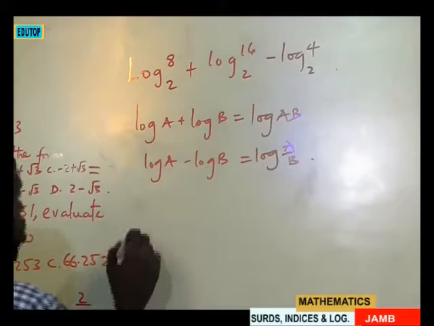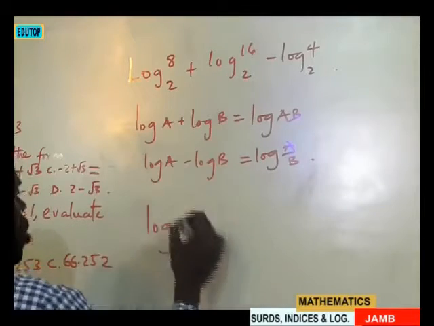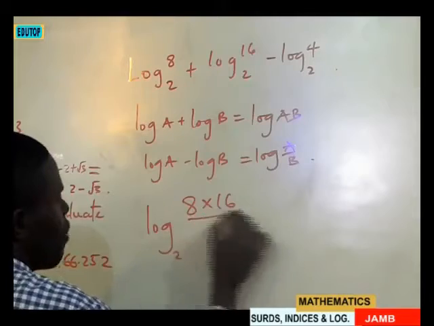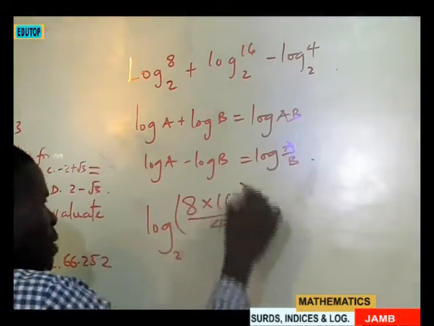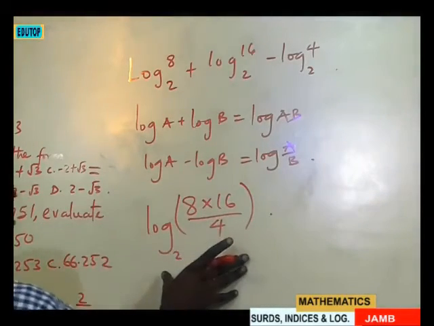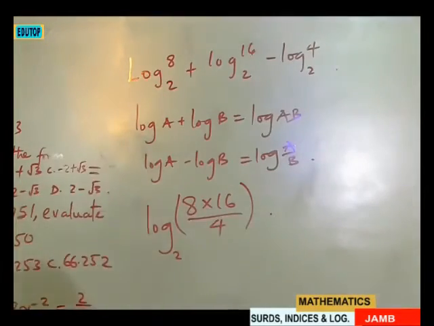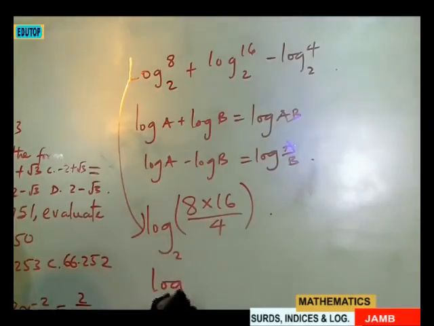So I'm going to have log base 2. Then I have addition here, so I say 8 times 16, then minus, divided by 4. That is a simple concept. In this situation, you can never miss it. So at this point, it takes somebody with a sound understanding of mathematics to be able to transform this to this. Then at this point, you have log 2.